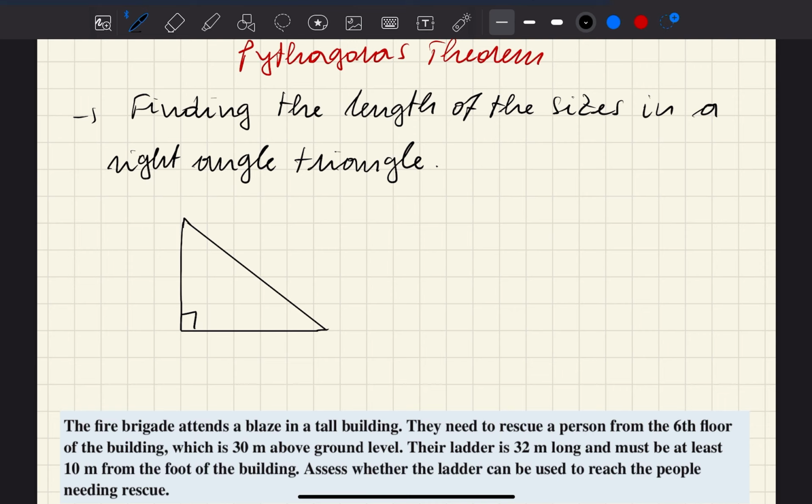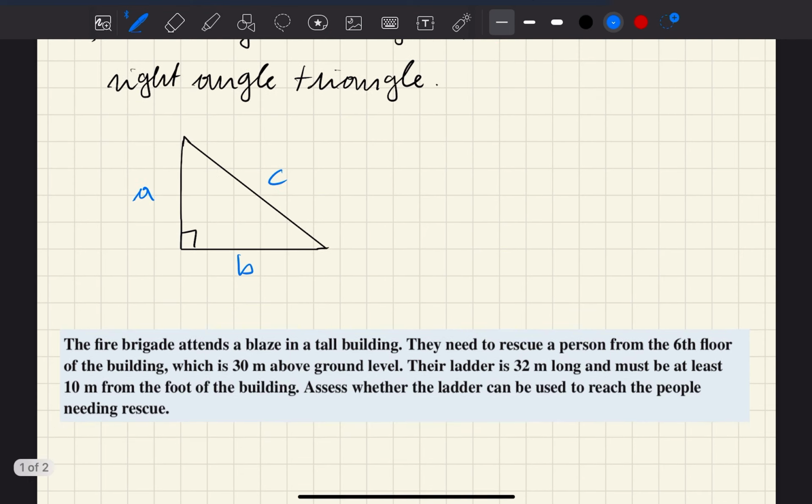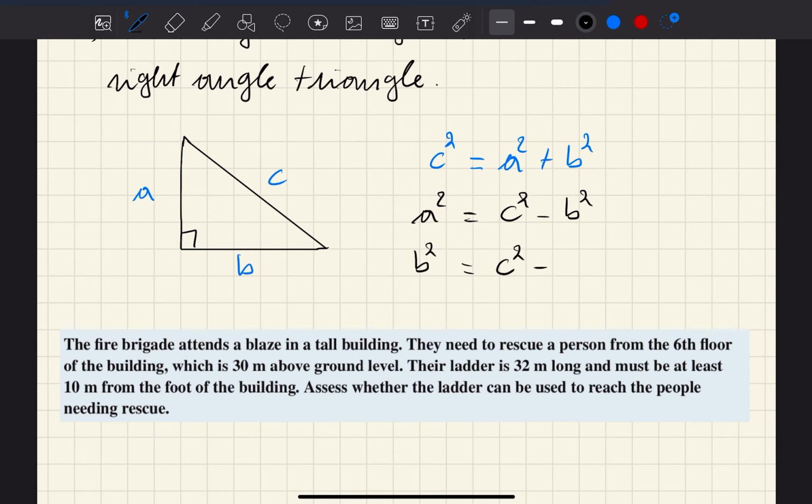If I call this C, and I call this A, and this B, then the theorem states that C squared is equal to A squared plus B squared. You can always rearrange this and find one of these: A squared is C squared minus B squared, or B squared is given by C squared minus A squared.